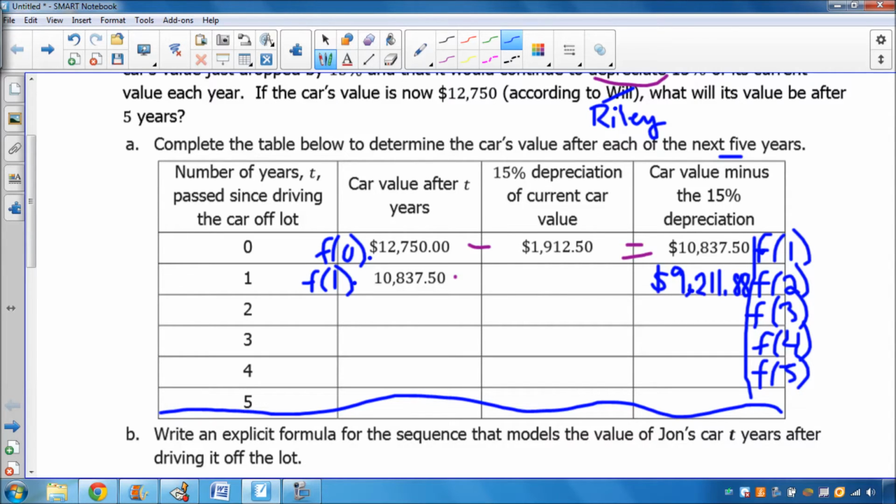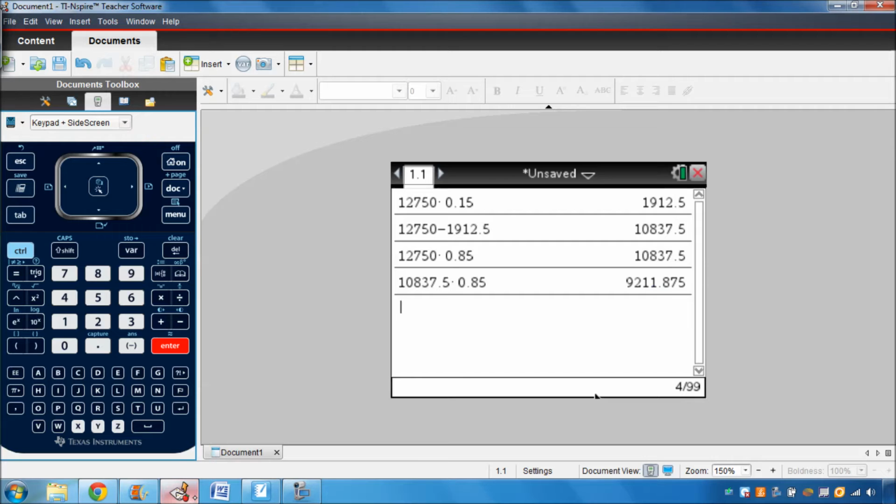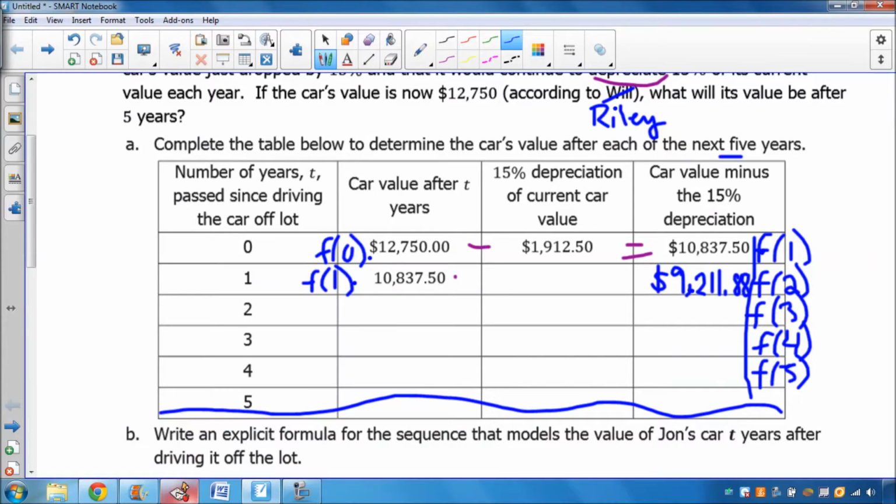Okay, and then I would take that answer and multiply that by 0.85. So the next amount of money that I have is $7,830.09. Okay, so I'm going to go ahead and write out that that's my answer. Notice how I'm using the full value of my answer, and I'm not taking this 88 cents.